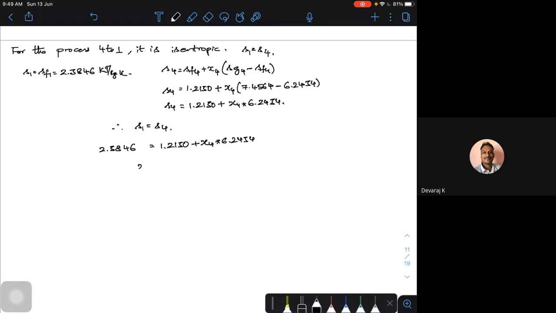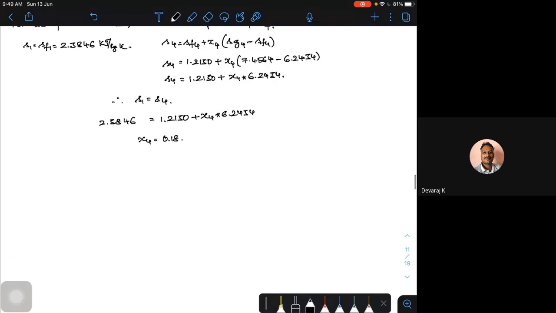If I cross multiply, 2.3846 minus 1.2130 divided by 6.2434, I am getting 0.18.